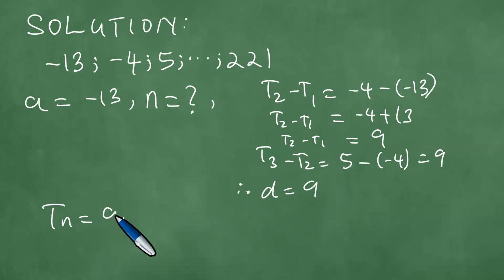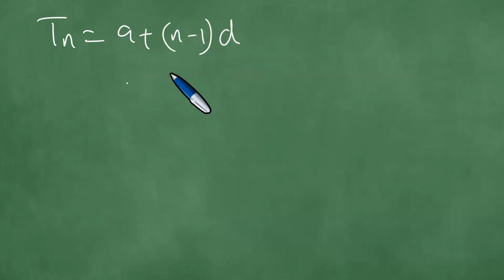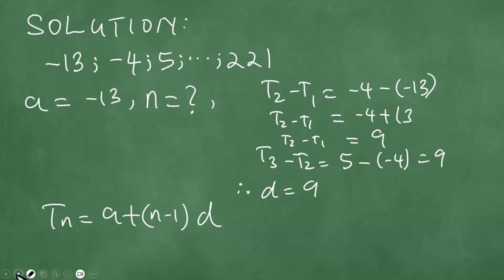So this one is a plus (n minus 1) times d. Okay, so Tn, you have n minus 1 times d. Right, so let's mention something here first.